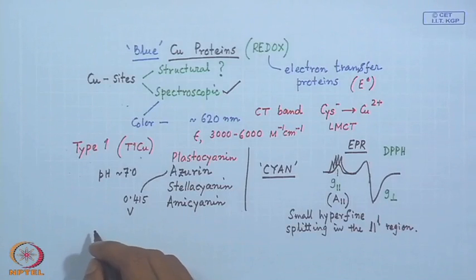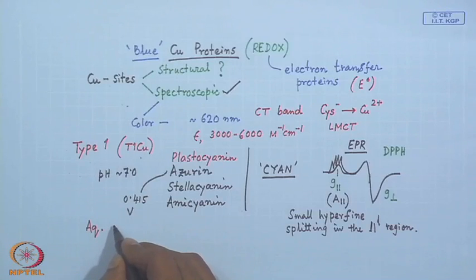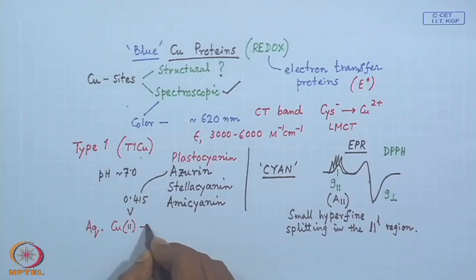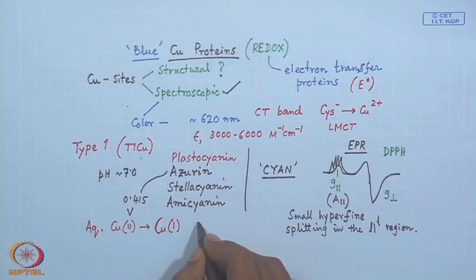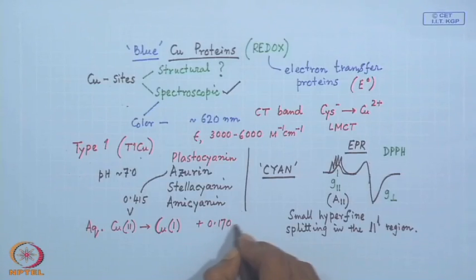So, all we know is what is our aqueous copper 2 to copper 1 potential, which is plus 0.170 volt.